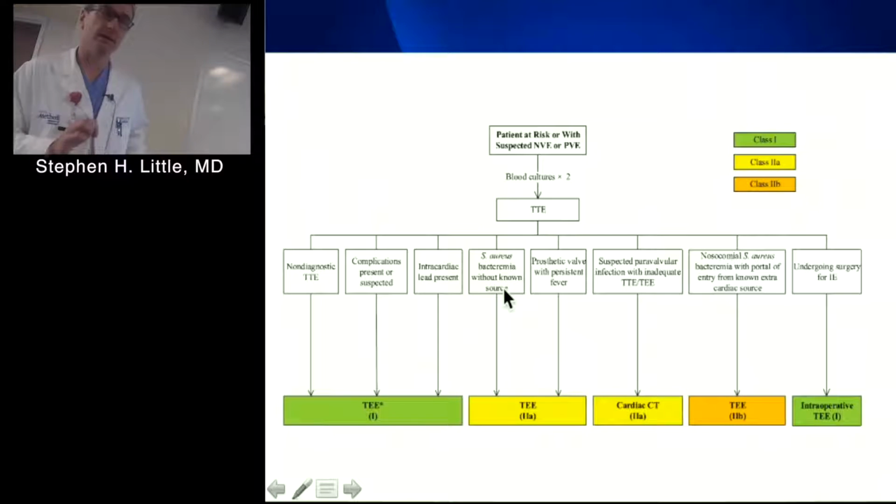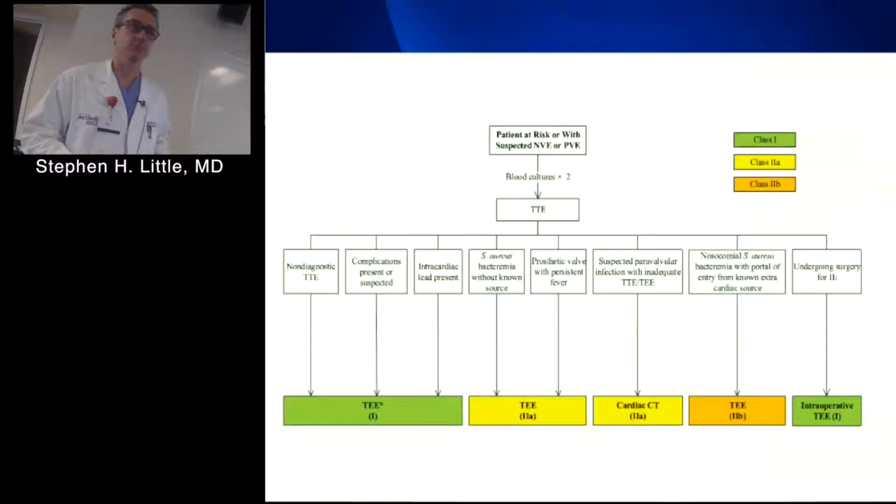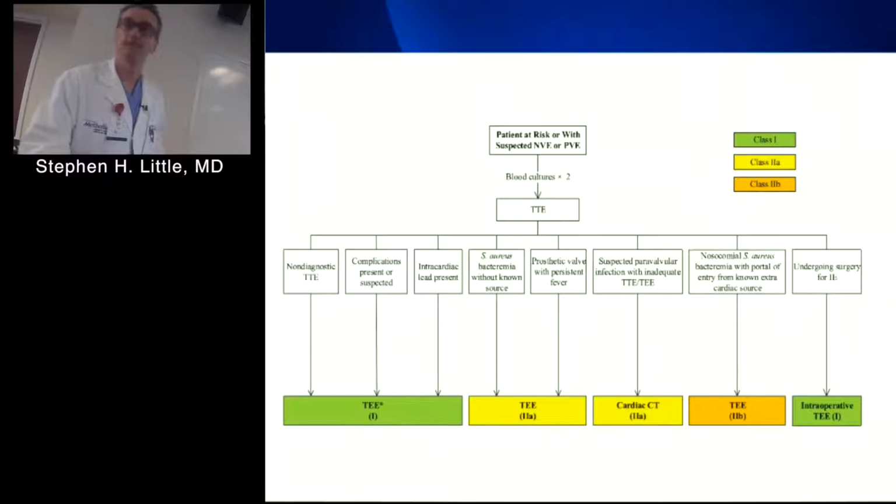Staph aureus is an agent that's super destructive, and if there's no known source, people just shouldn't have Staph aureus in their blood, so that's a reasonable indication for TEE. Prosthetic valve, same thing, and it moves down the list. But simply fever with a low initial risk and a borderline transthoracic, we probably do more of those than we should.